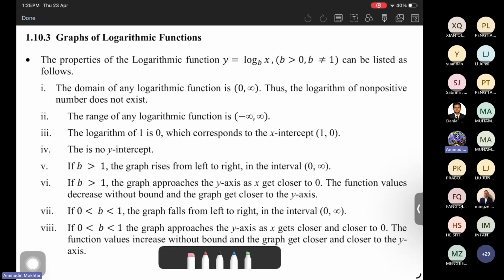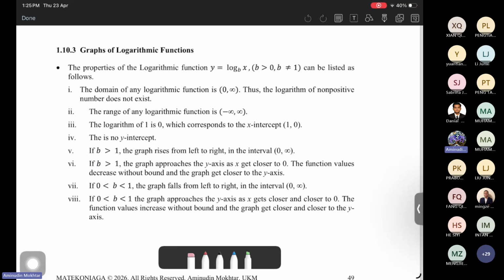The first property is about the domain. The domain is about x. For logs, the domain of any log is from 0 to positive infinity. Thus, the log of a non-positive number does not exist.